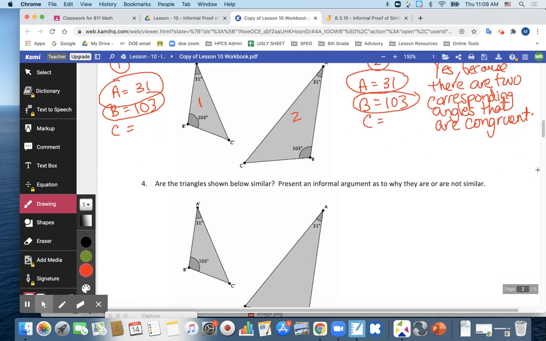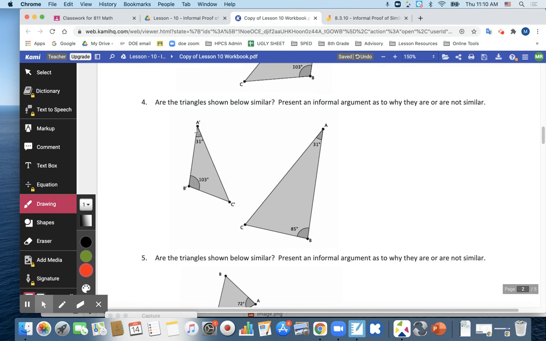So now let's move on to number 4. Are the triangles shown below similar? Present an informal argument as to why they are or not similar. All right, so let's look. So we have triangle 1 and triangle 2. Triangle 1, A prime is 31 degrees, B prime is 103 degrees, and C prime we don't know yet.